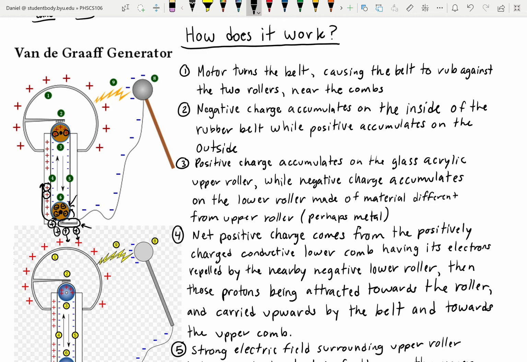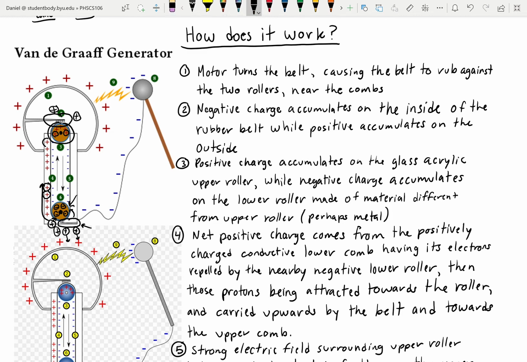So then, as these positive charges are coming to the top, this upper roller, made of a different material, is retaining a net positive charge as it rubs against the rubber belt. And these positive charges are attracting all of the electrons from the comb and leaving a net positive charge on this comb.